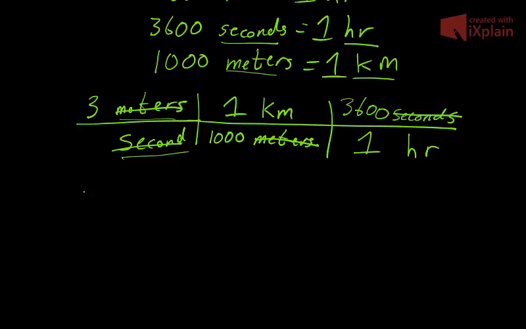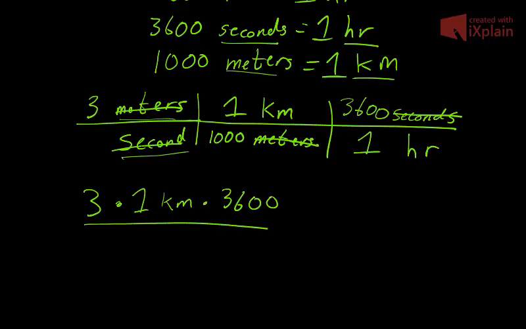So I have my 3 times 1 kilometer times 3,600 divided by 1,000 times 1 hour. So if I go through, 3 times 3,600 is going to give me, let's see, that would be 3 times 36 is 90 plus 18, so that would be 108.